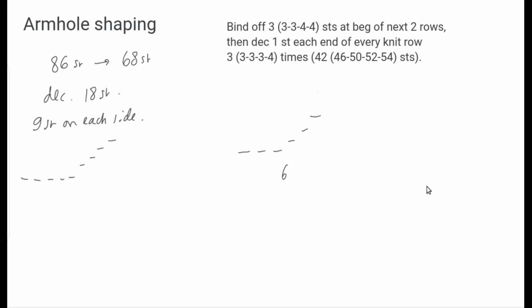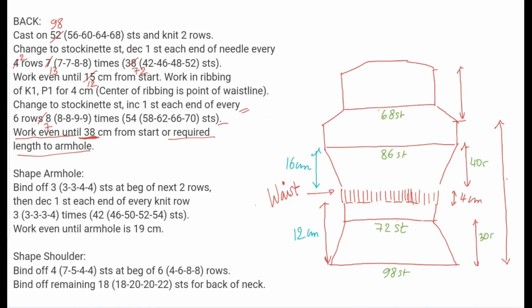So let's come back to our instructions. For us, we are going to do not 4, we need 5. And then we are going to do 1 stitch, not 3 times, we need 4 times.